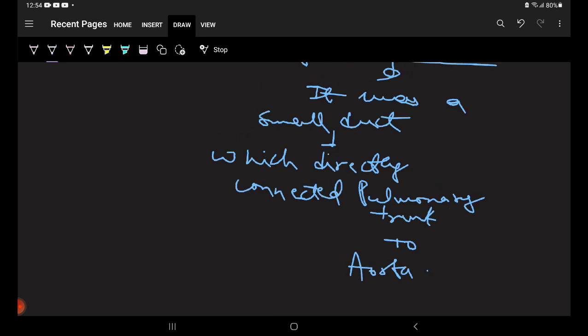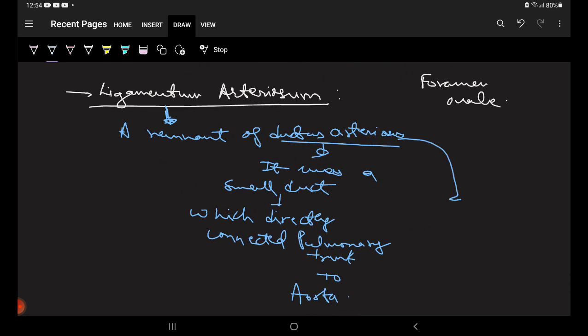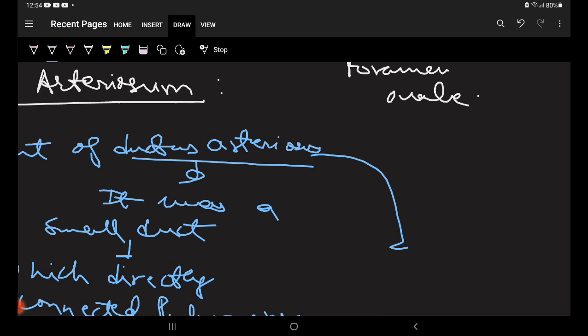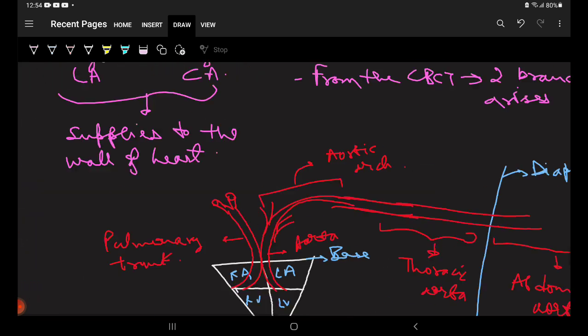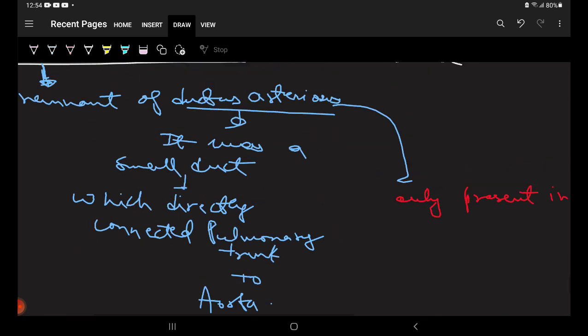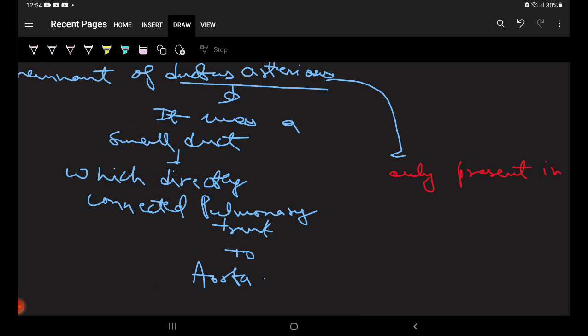Now why was it present? It was present only in fetal life. The need for the ductus arteriosus was because in fetal life the lungs are non-functional.